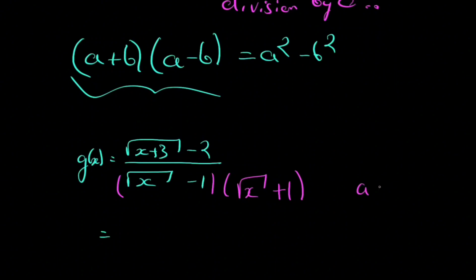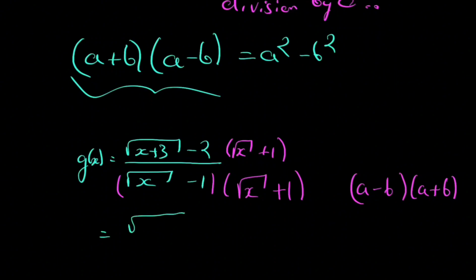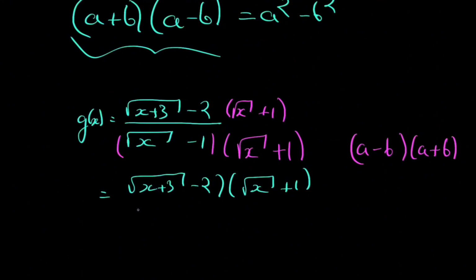So we've got a minus b times a plus b. Let's do it at the top and at the bottom, square root of x plus 1. So at the top, square root of x plus 3 minus 2 times square root of x plus 1, and at the bottom, we've got x minus 1.